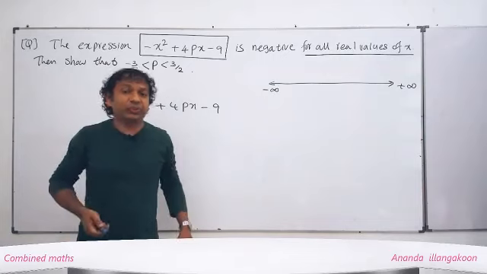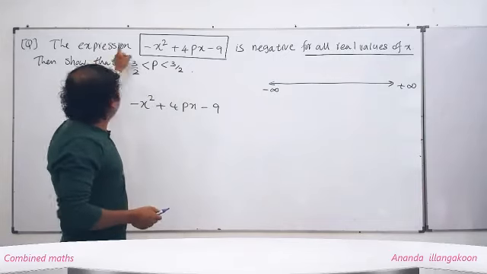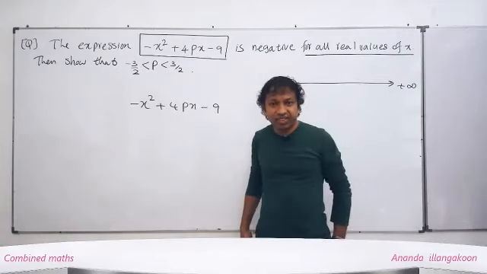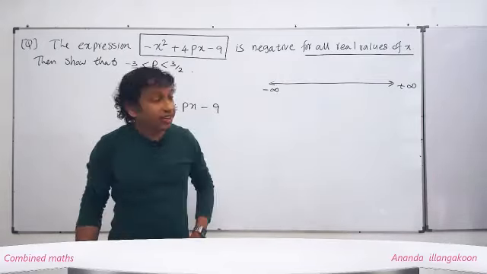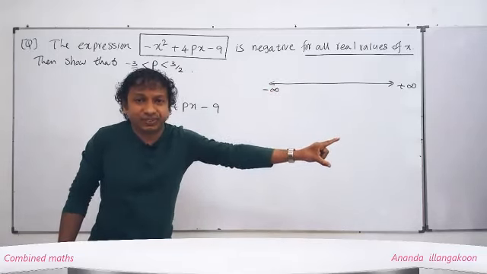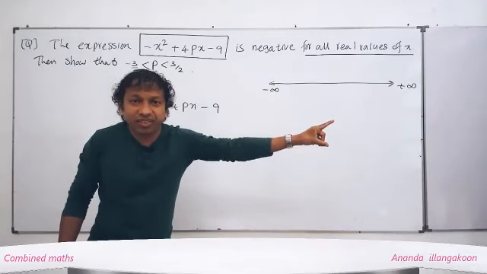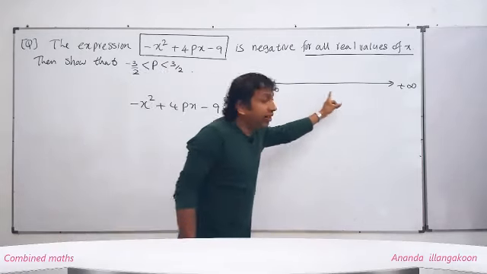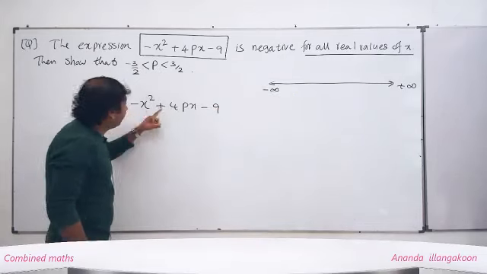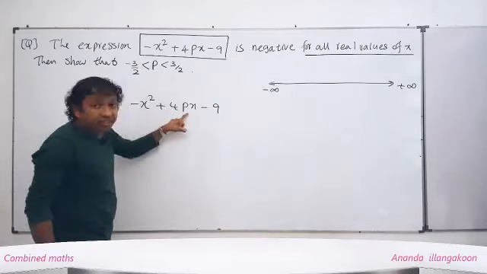That's what this says: the expression is negative for all real values of x. Understand? All real values of x means for all real numbers we substitute for x. That means taking from the number line any real number for x here, and when we simplify, people, this whole answer will be negative.